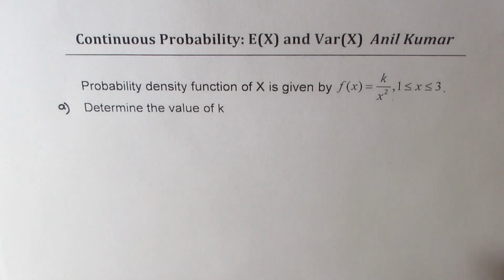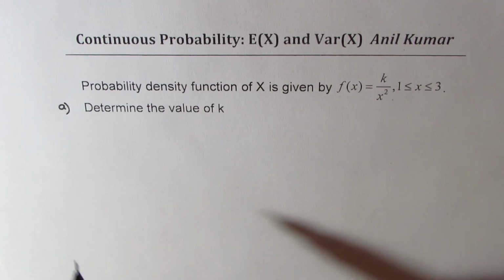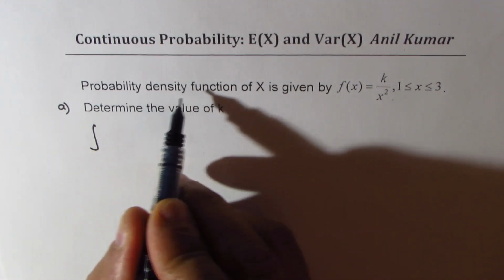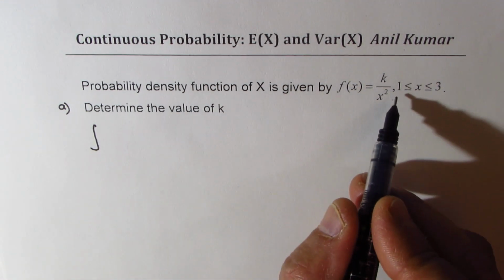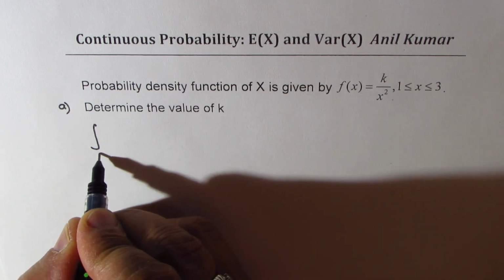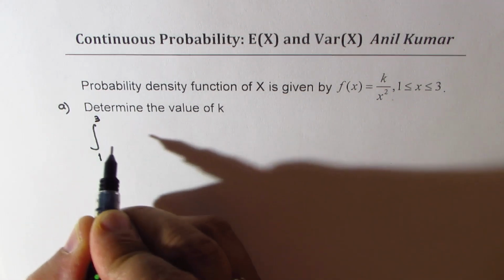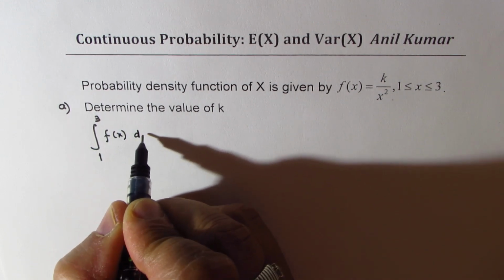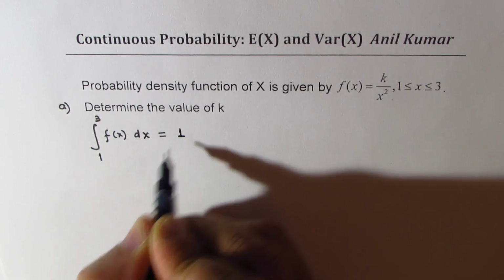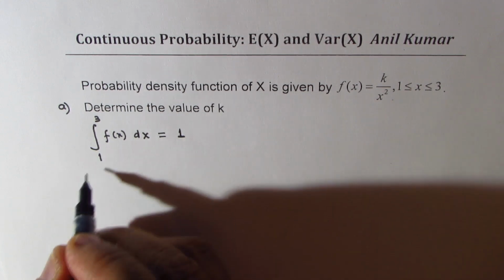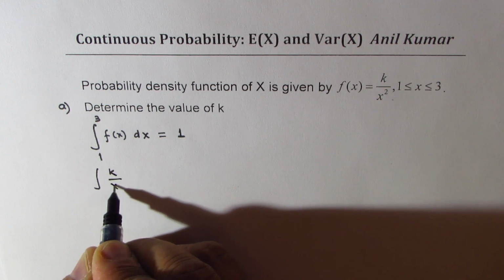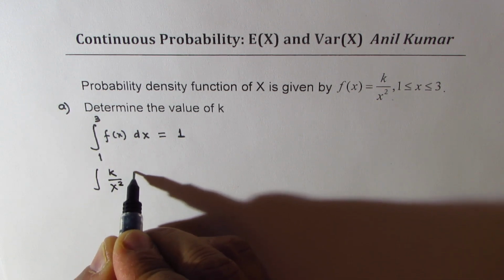For a continuous probability distribution function, it is by integrating the density function in the given interval. So interval is from 1 to 3 and the integral of the function f of x dx should be equal to 1. Now the function is given to us as k over x squared, where k is a constant.